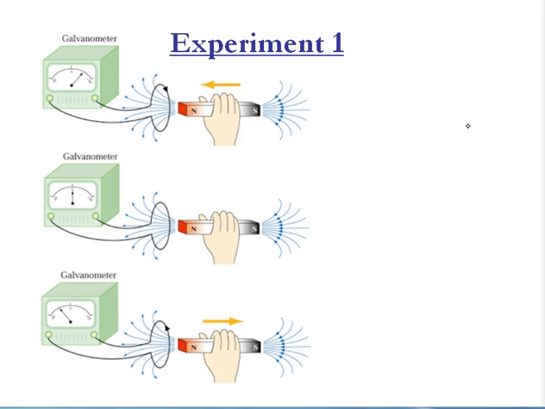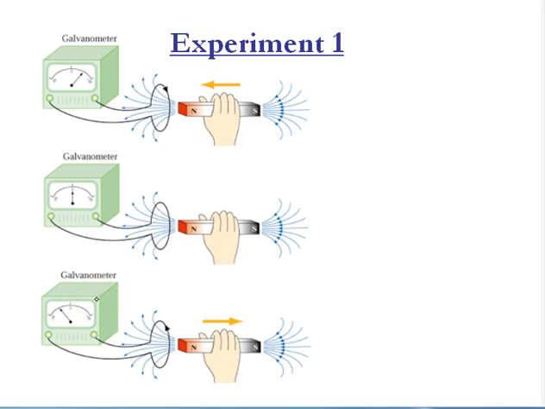So this first experiment using a magnet, if we move the north pole of the magnet towards the loop and it causes a current in this direction, then that current is measured on the galvanometer in the positive direction. If we don't move the magnet, then there's no current and no current measured on the galvanometer. If we move the magnet away from the loop, then we still measure a current, but it's in the opposite direction, so it's measured on the galvanometer in the opposite direction.